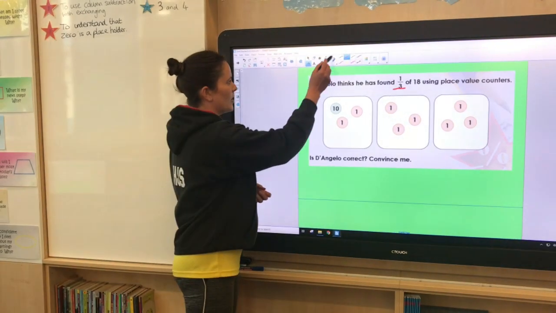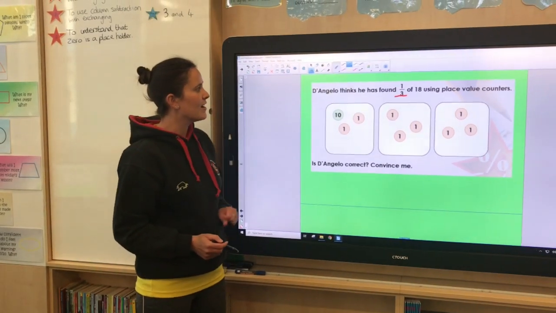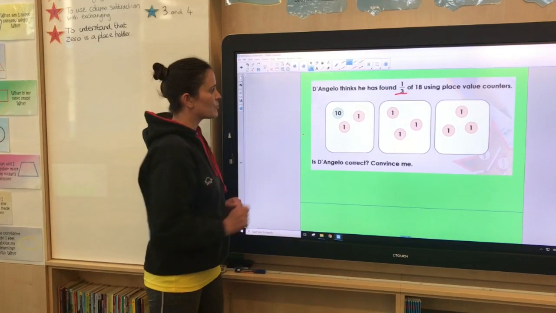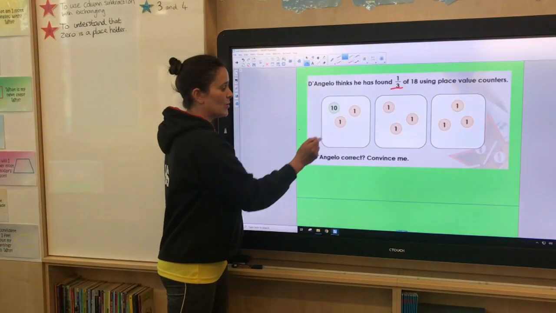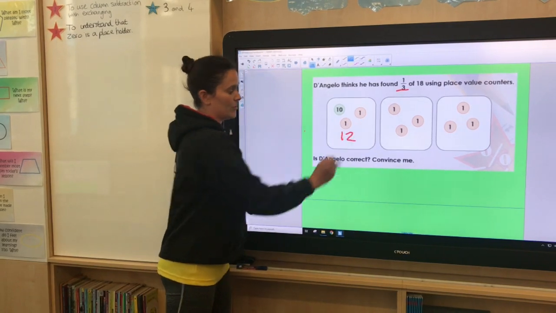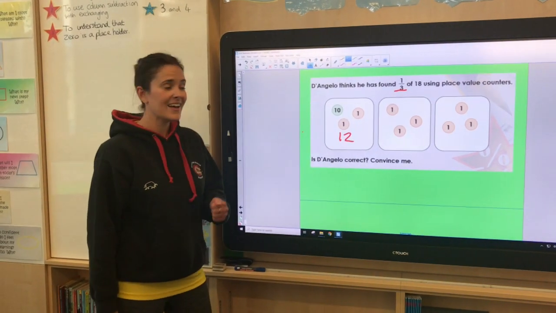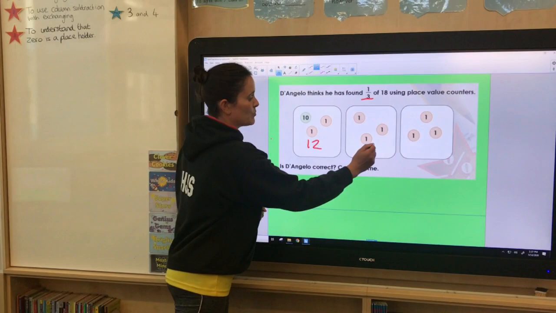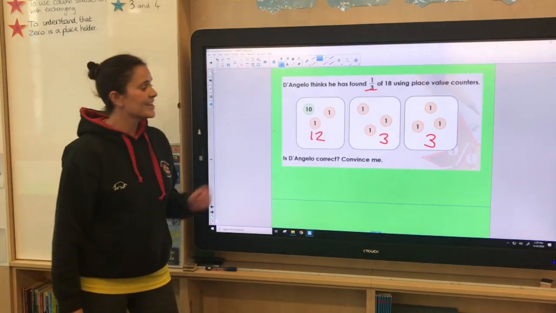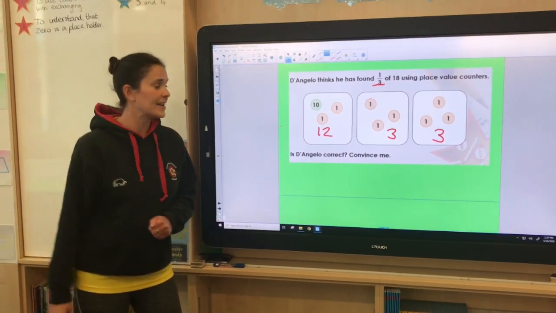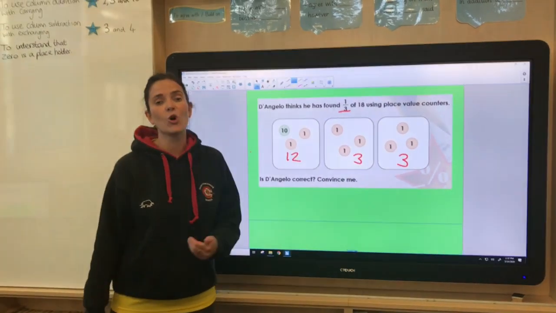Okay, so this group here, although it has 3 counters in it, actually the value of that group is 12 because there's a 10 in there and 2 ones. This group has 3 and this group has 3. So he has not answered this question correctly because his 3 groups are not equal.